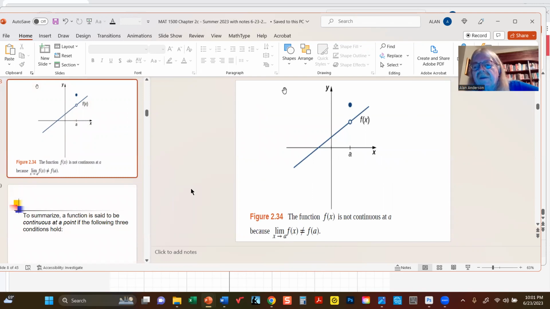And you can have something like this too. The function is not continuous because this time the problem is that here's f of a. This is our limit. Now, if you notice, this limit does exist.